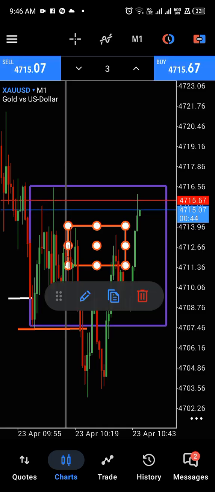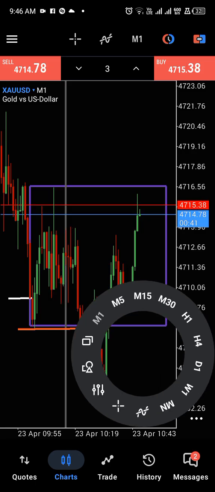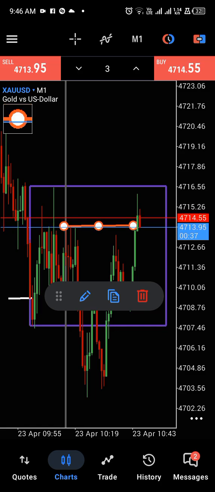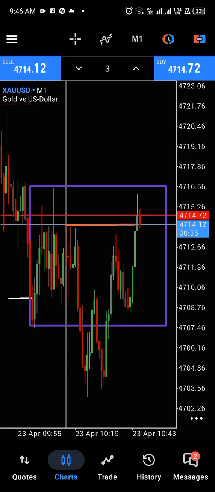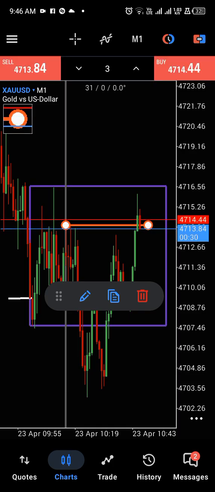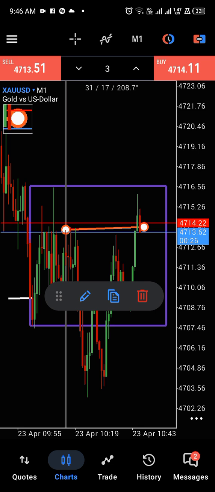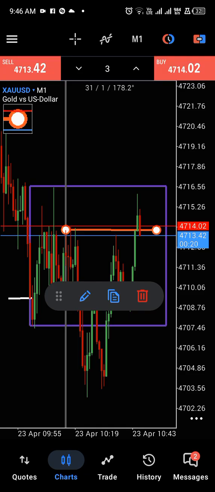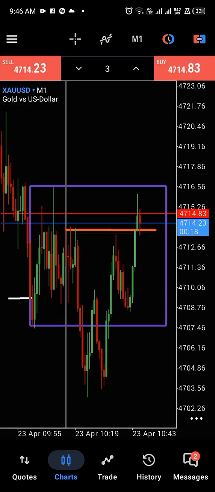Let us remove this. What I'm seeing now here, things have changed. Now the market is bullish, and I know it is bullish on a 5-minute time frame also. So I'll mark this area like this. The 1-minute time frame is bullish and the 5-minute time frame is bullish. So what is happening here?